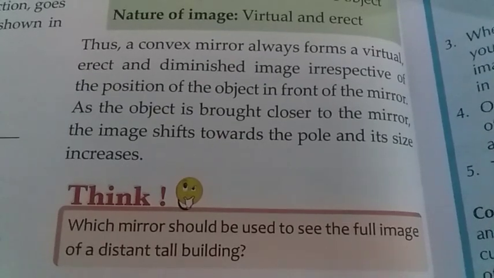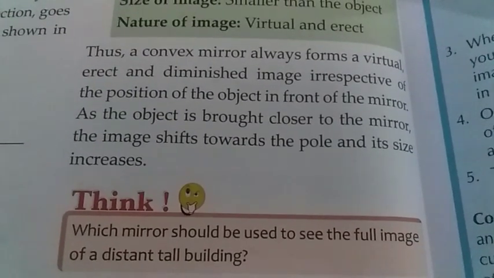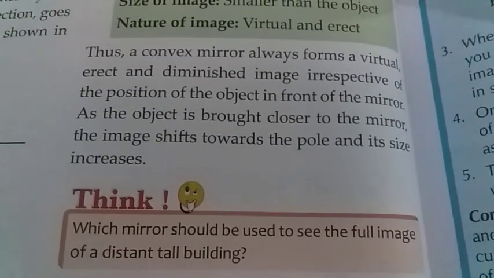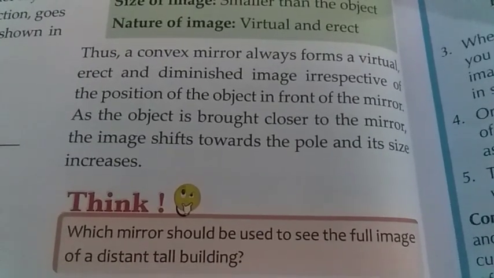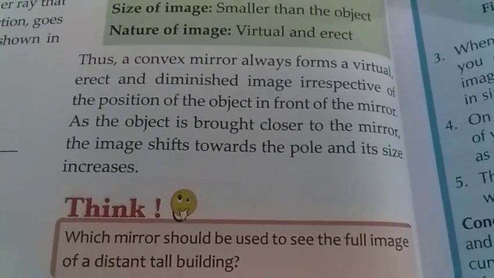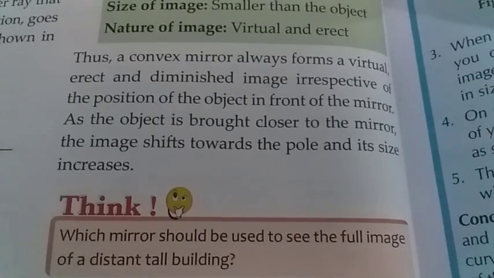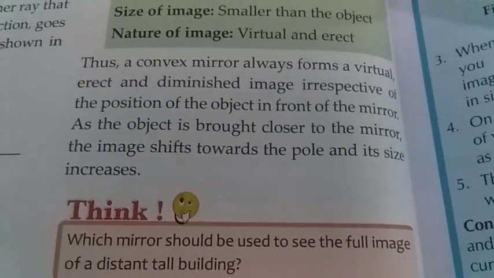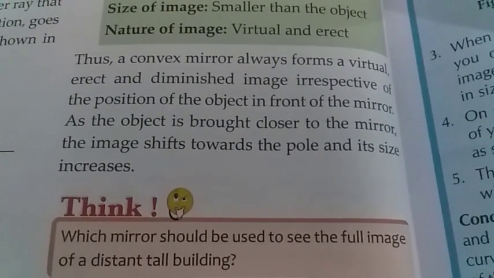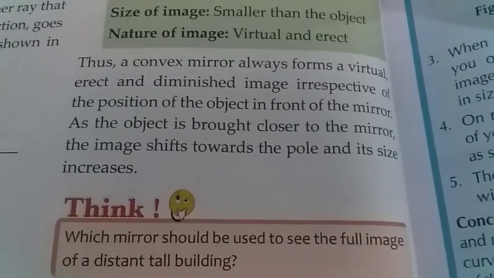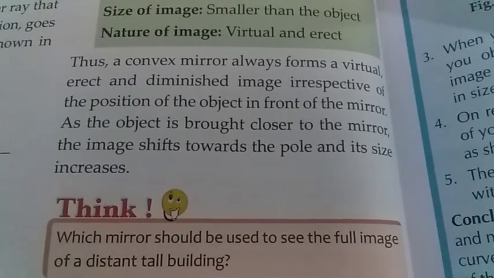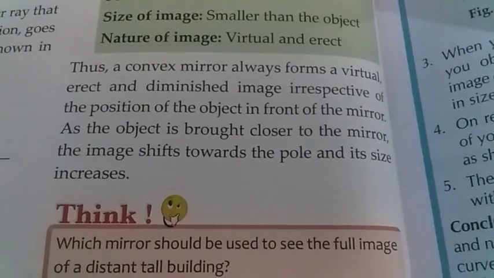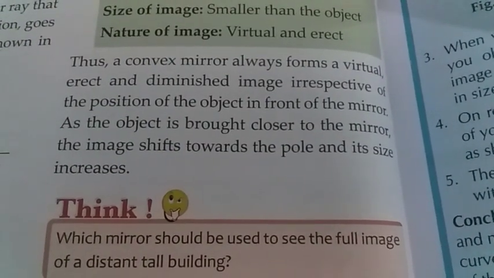We have come to know that a convex mirror always forms a virtual, erect and diminished image. Whatever the position of the object is in front of the mirror, it doesn't matter. The image is always virtual, erect and diminished. As the object is brought closer to the mirror, the image shifts towards the pole and its size increases.